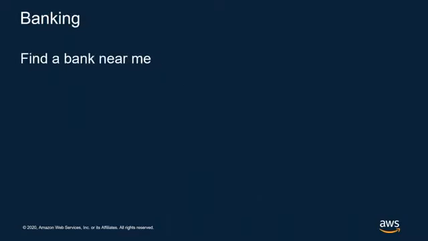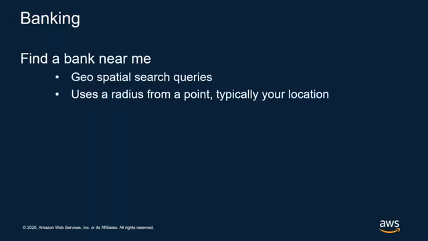The banking industry is another popular search use case. So many of you will go to your banking website and you want to find an ATM, or you want to find a kiosk or a place that you can conduct your banking business. And what this does is it leverages geospatial queries.